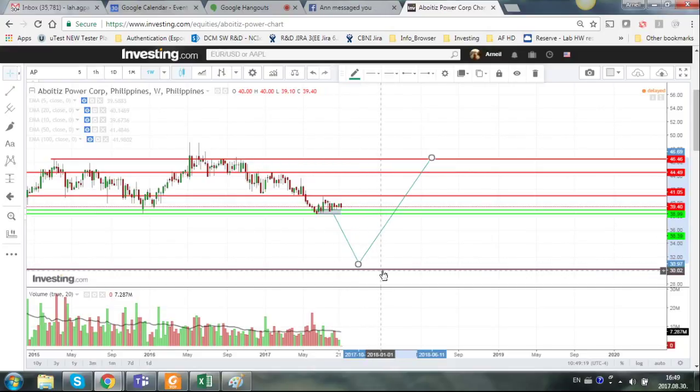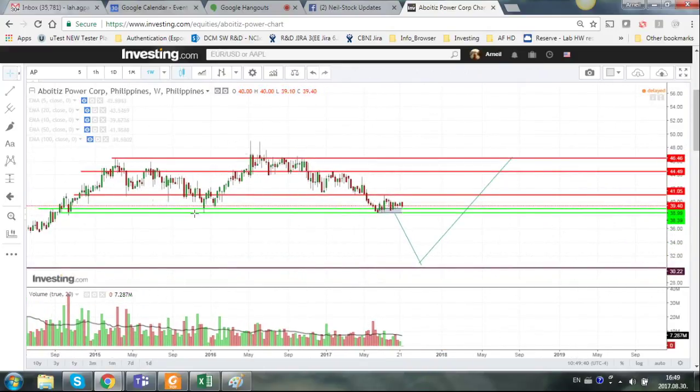So yeah, ito yung strategy ng mga long-term investors, na bumaba yung price, add more shares, para ngayon later on yung price na hatakin pataas is a big amount of money, right?